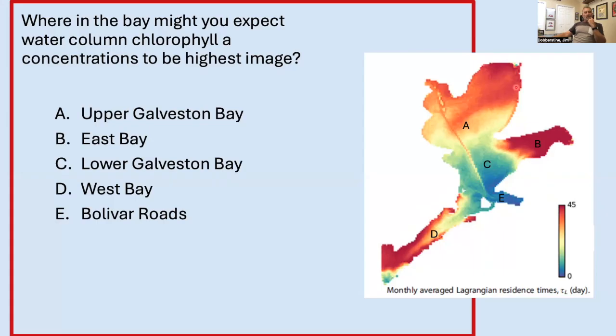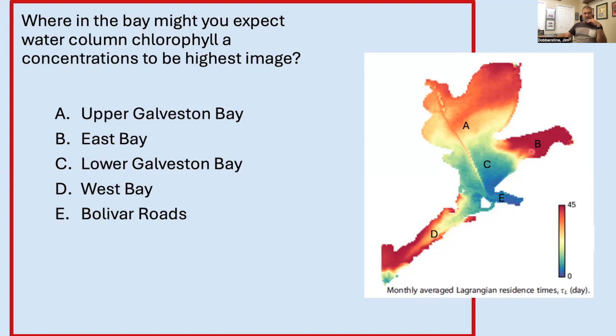If I were going to answer this question, I think the darkest color and the most prevalent dark color is going to be here in East Bay, where there's just not a lot of movement during the summer months. So that would be the correct answer if you were going to put it in here.